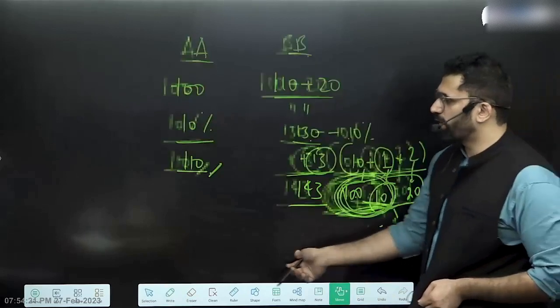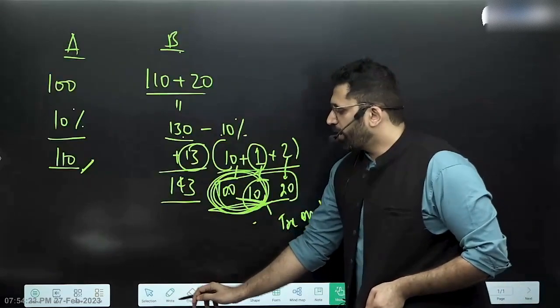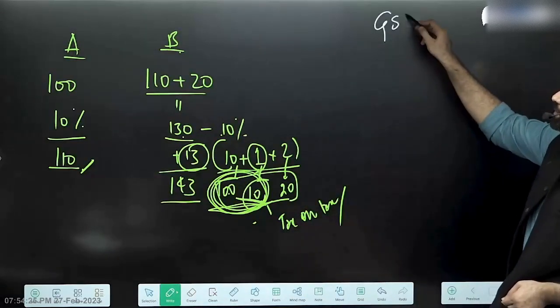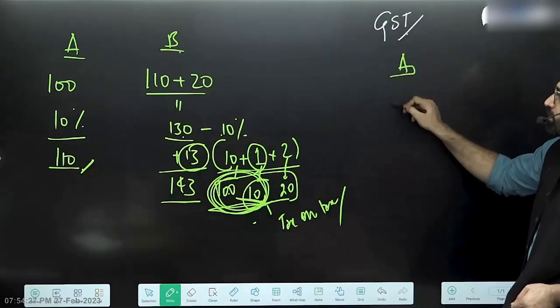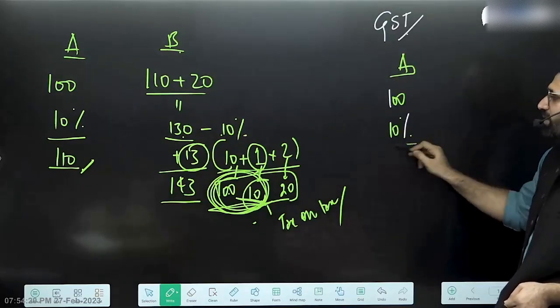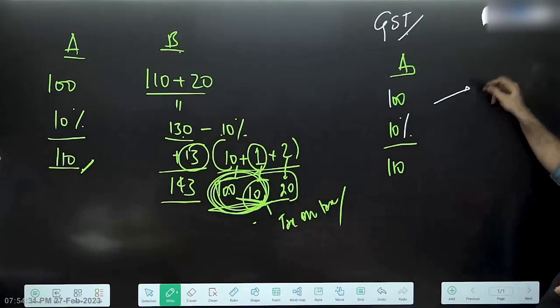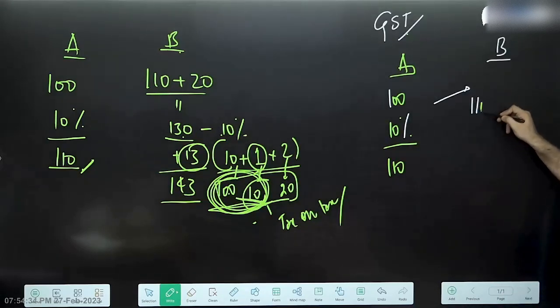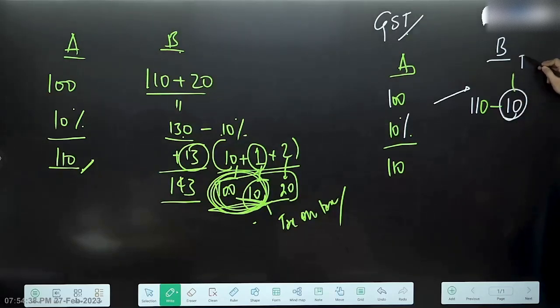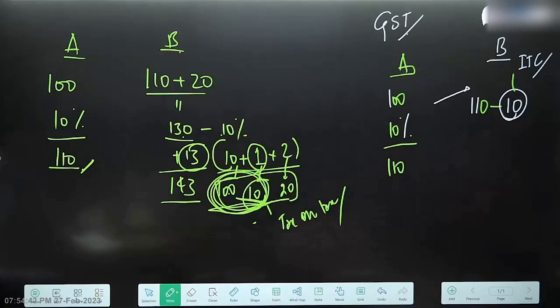Under the value added regime, that is your GST, this is 110. The product here will be 110, but B will receive 10 rupees input tax credit. On top of it, it will add value.